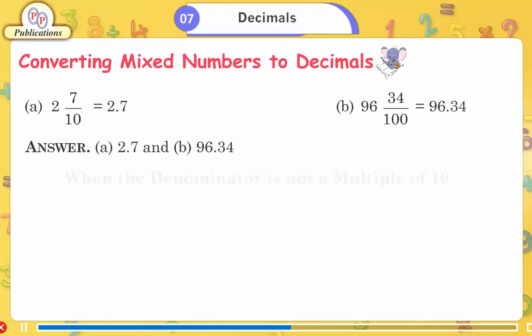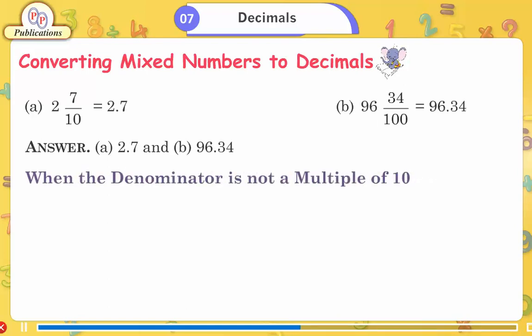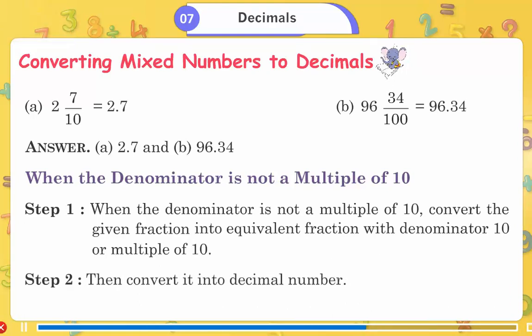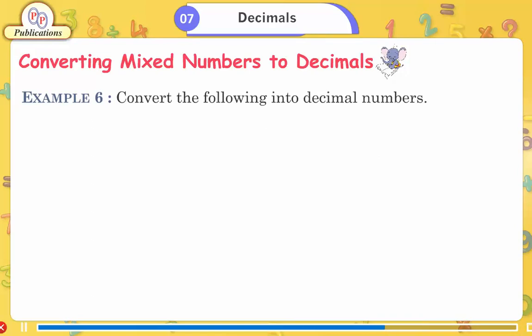When the denominator is not a multiple of 10. Step 1. Convert the given fraction into an equivalent fraction with denominator 10 or a multiple of 10. Step 2. Then convert it into a decimal number. Example 6. Convert the following into decimal numbers.